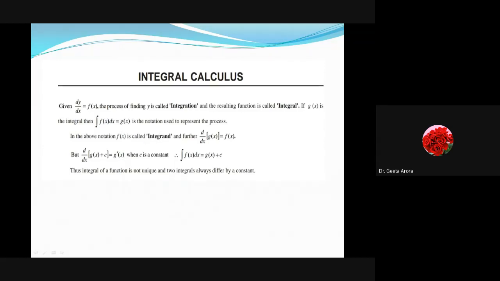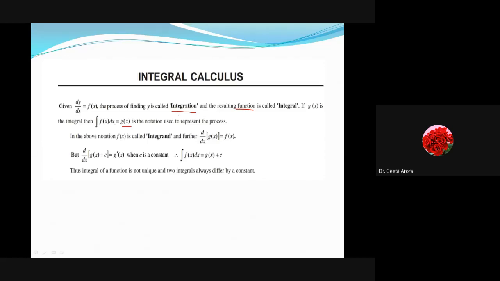So in just one slide we have the different definitions. One is integration: the process of finding out the function whose derivative is known to us is known as integration. Whatever function comes as a result, if we talk about g(x), is called the integral, and the function we integrate to find the integral is known as the integrand, correct?